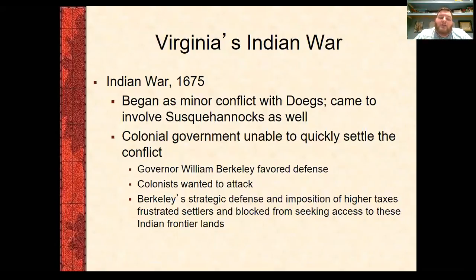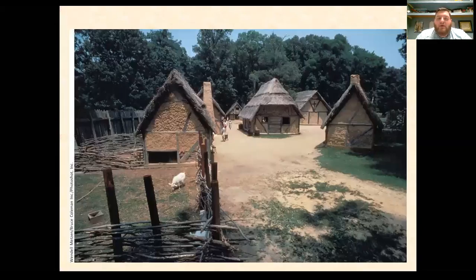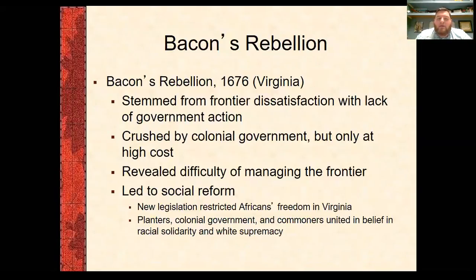And Berkeley's strategy is not only defensive, but it's also more expensive in that he imposes higher taxes, and a lot of these frontiersmen begin to look for an alternative, and they find an alternative in Nathaniel Bacon.